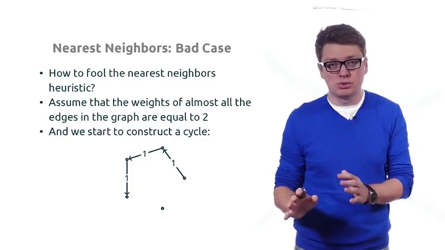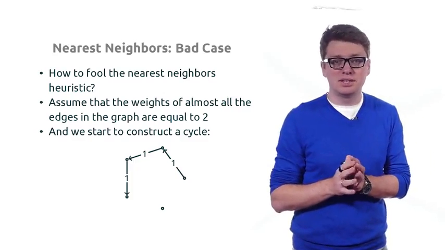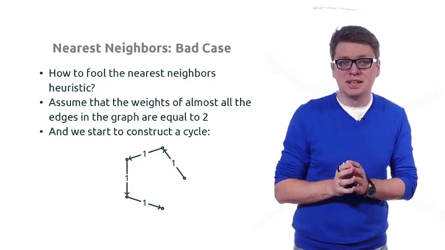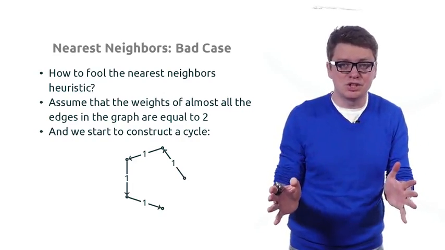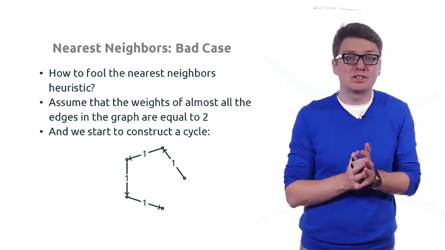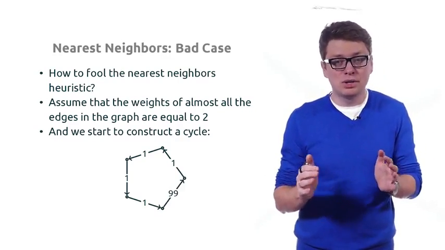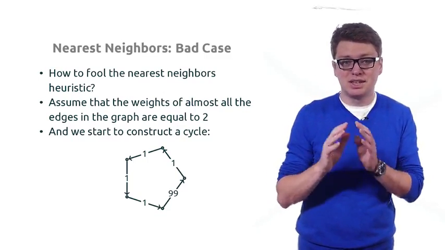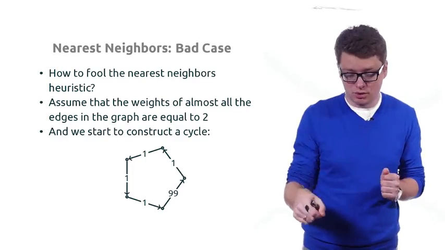We need to go to the only unvisited node, and if we're lucky enough, this edge still has weight 1, but for the last edge we have absolutely no choice, as for the previous one actually, and it might turn out that its weight is just so huge that it doesn't pay off to use all these ones.